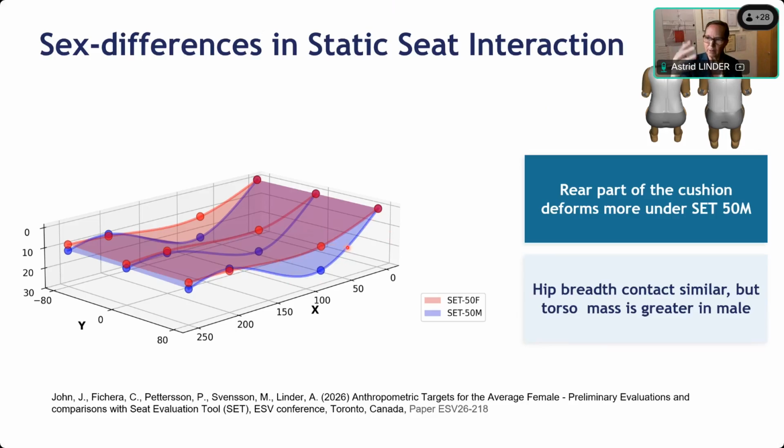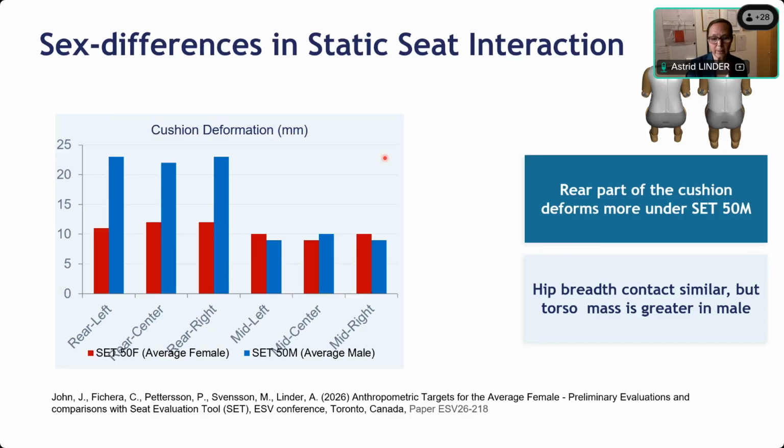So you can clearly see how they sink into the seat cushion differently, which is expected, but still, this is one way of quantifying that. And here are the measurements in millimeters, as you saw on the graph before.